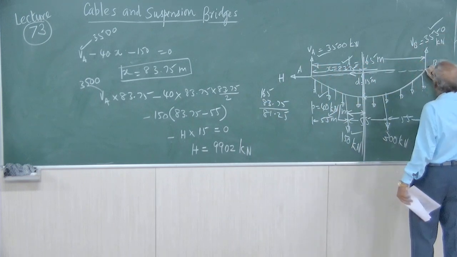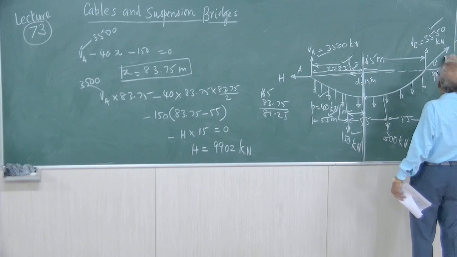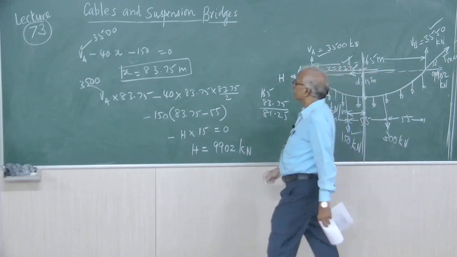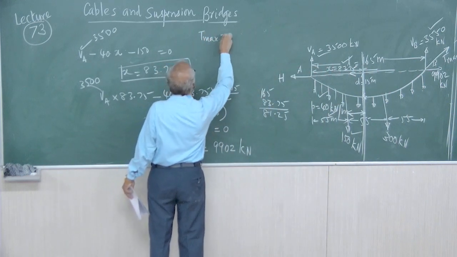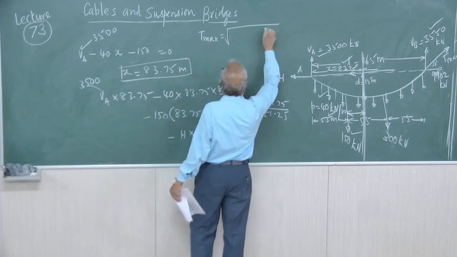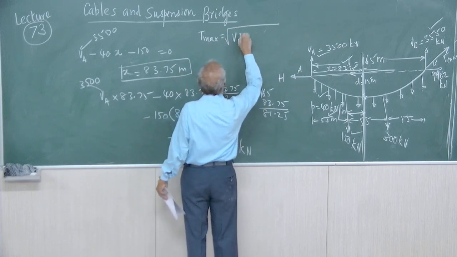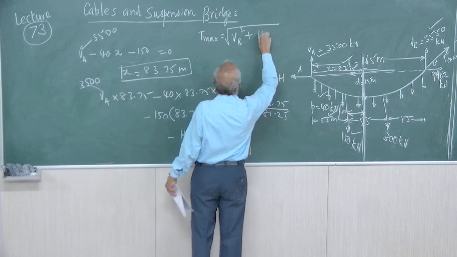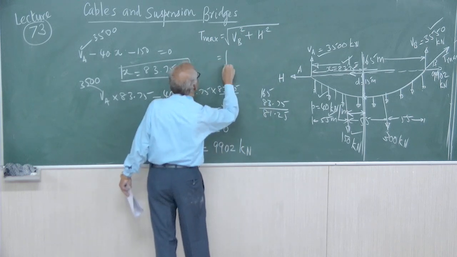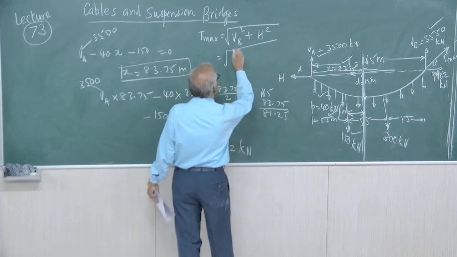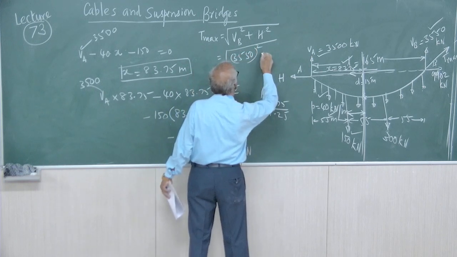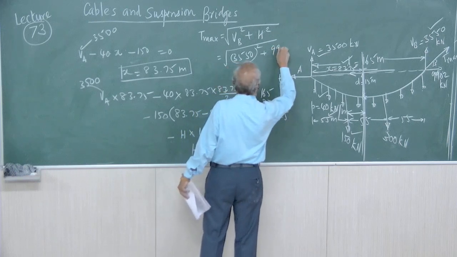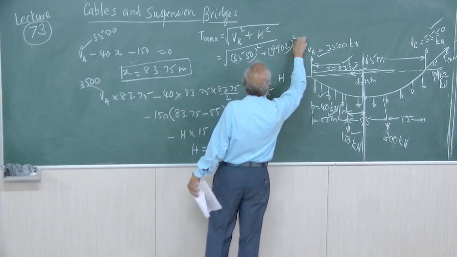We know T equals root of V squared plus H squared. This is T max, root of VB squared plus H squared. Therefore, T max equals root of VB squared, because VB is more, plus H squared. Now VB is 3550 squared plus H squared is 9902 squared.